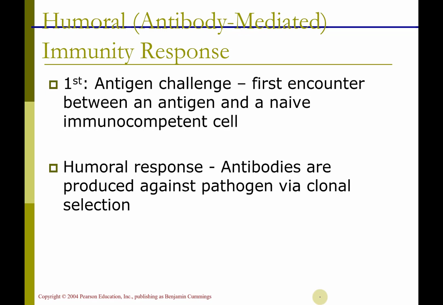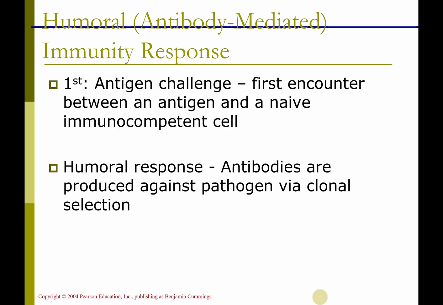So, how does this humoral response take place? Well, the first thing is you have these B cells. And so the first challenge to the B cell by an antigen is called the antigen challenge. It's the first encounter between an antigen and a naive immunocompetent B cell.